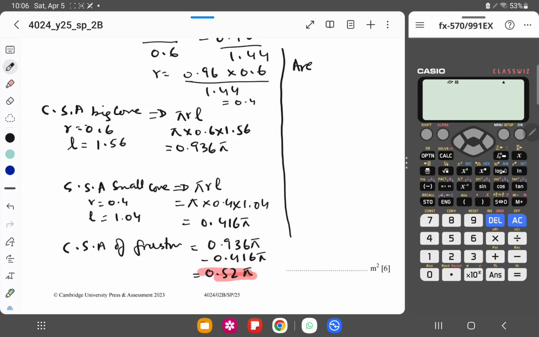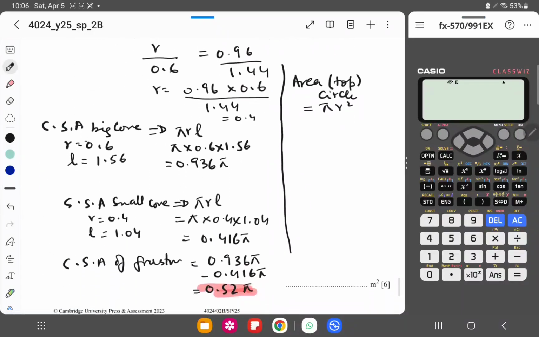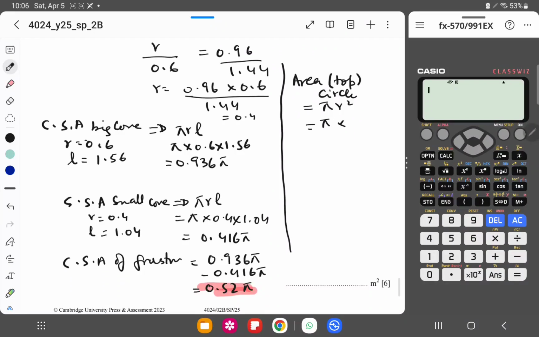So the area of the top circle is pi r square. The top one has radius 0.4, so pi into 0.4 square, and 0.4 square is equal to 0.16. So that is 0.16 pi.